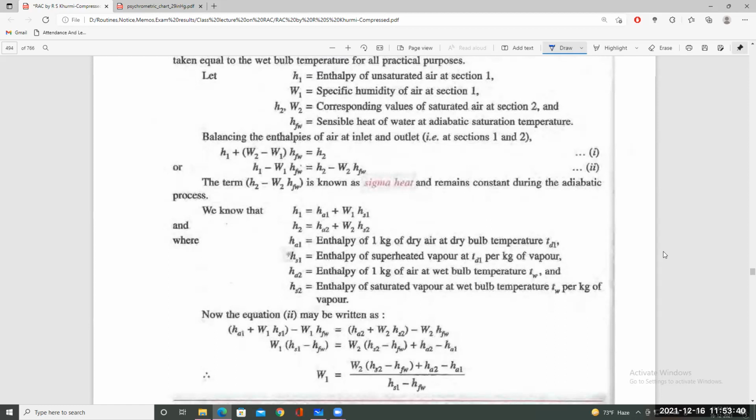Thus the equation will be written as hd1 plus W1 hs1 minus W1 hfw equals hd2 plus W2 hs2 minus W2 hfw, as we have put the value of h1 and h2 here.